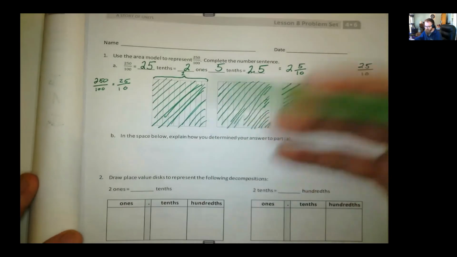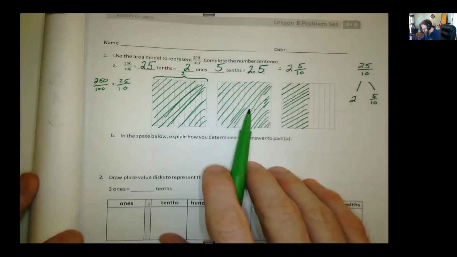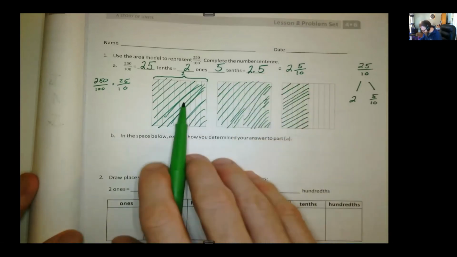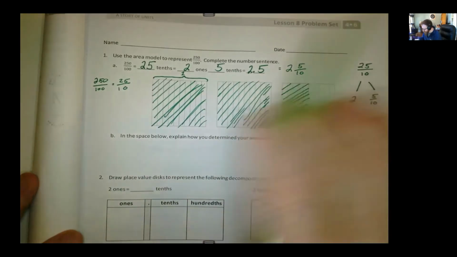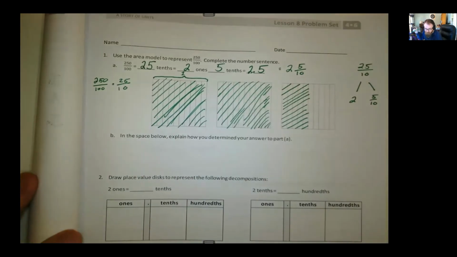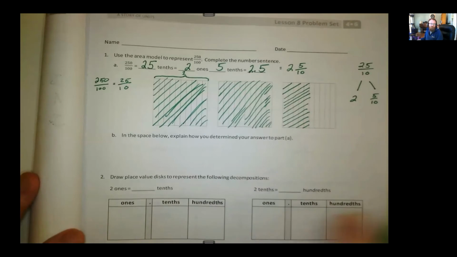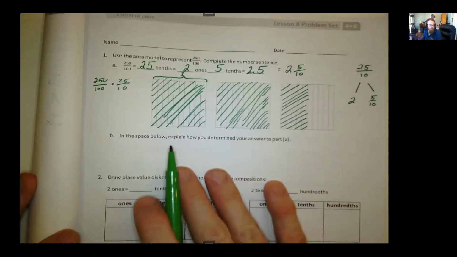It's only separated into tenths and columns, but still you have 100 hundredths, 100 hundredths, 50 hundredths. Or you could say 10 tenths, 10 tenths, 5 tenths. Or you could say 2 wholes, 5 tenths. Or you could say 2 wholes, 1 half.